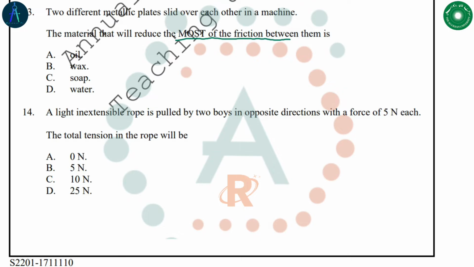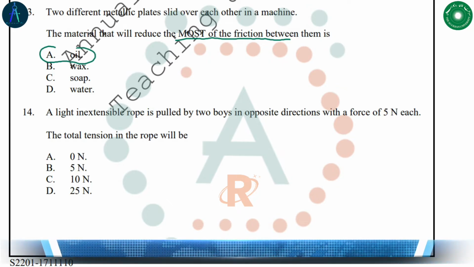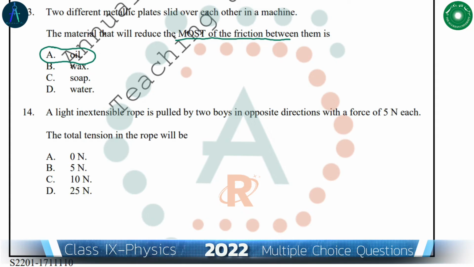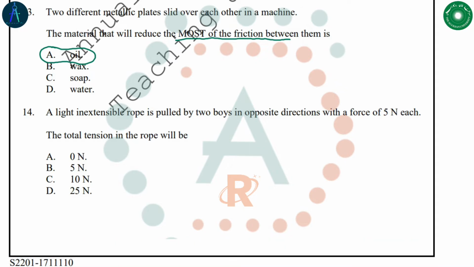So if we want to decrease the friction between these two plates, we can apply lubrication of some oil or some material that is similar to oil between the plates, so that the friction between these metal plates can decrease. So option A is the right answer.